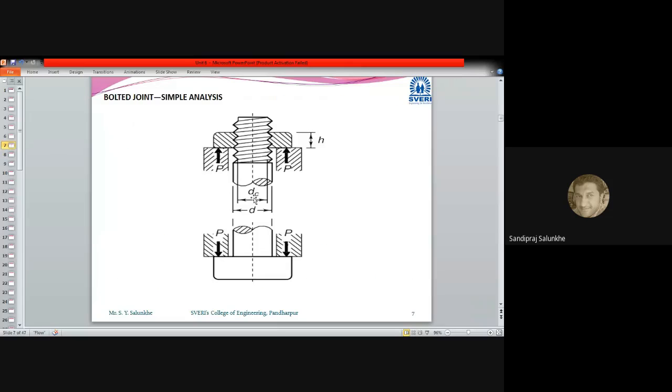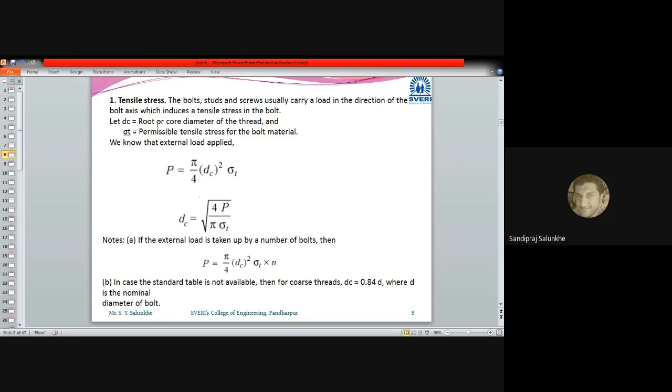First of all, one can easily say that it will undergo tension, because these threads are trying to keep these two parts together and this force P is trying to shear out these threads or to create tensile stress in this bolt. So the very first stress we are going to consider is the tensile stress.